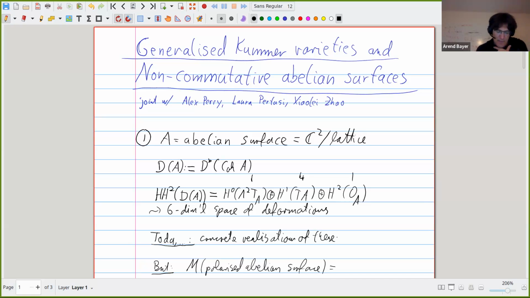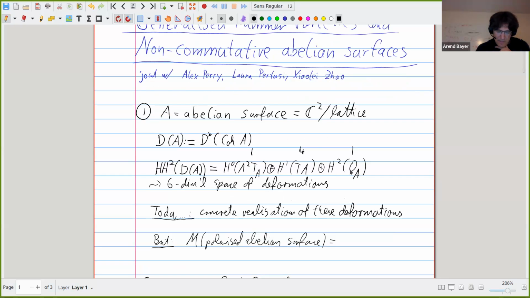And if you look at deformation quantizations, you can maybe also make sense of the first part over a complete local ring, but not of an algebraic space. So here we have the 6-dimensional space of deformations.